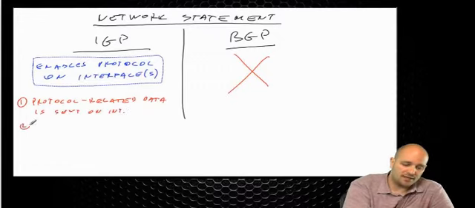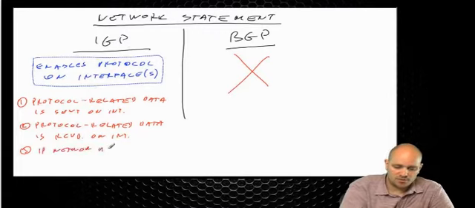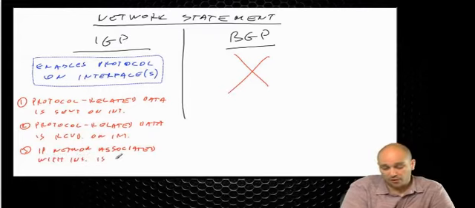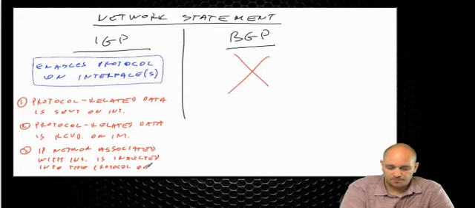And number three, network, or I should say maybe IP network, associated with the interface is advertised, or I should say injected, into the protocol database.